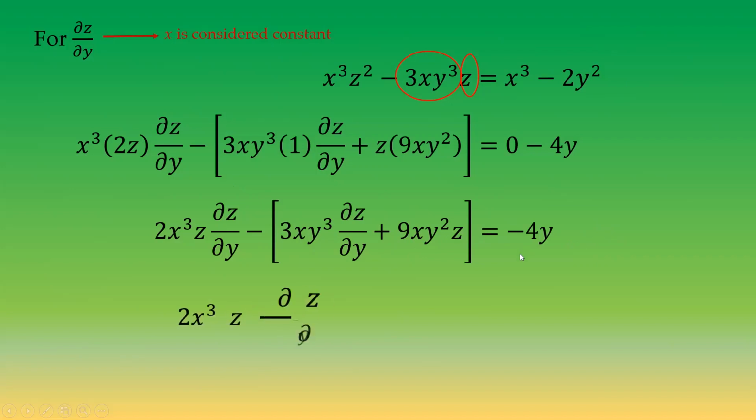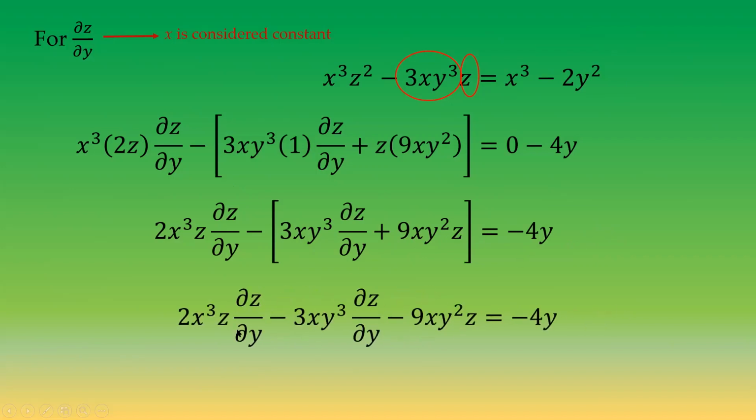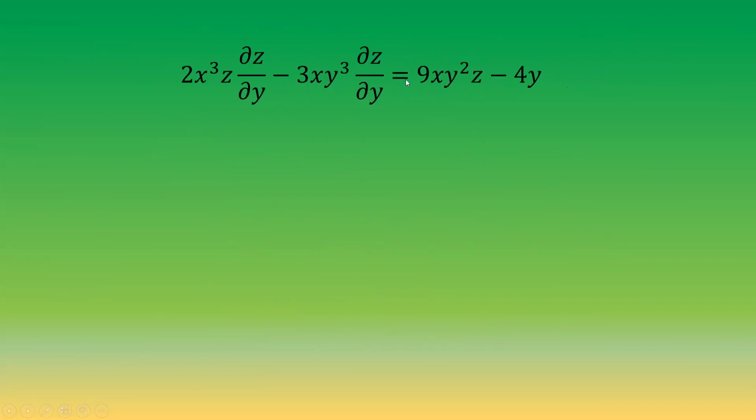Then removing the grouping symbol, it becomes negative of 3xy cubed dz over dy, negative of 9xy squared z equals negative 4y. So again, when we arrange it, transpose this 9xy squared z. These other two have a common dz over dy, so you can factor it out again.